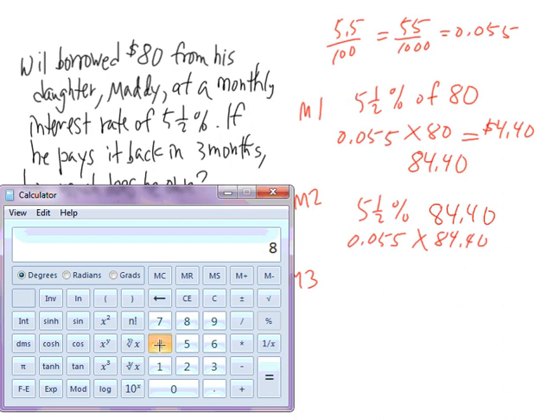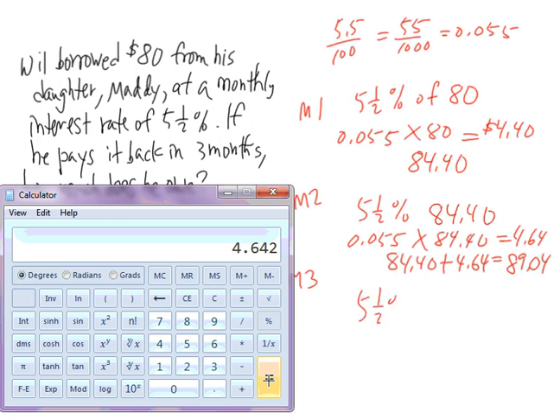So 5.5% of 84.40 equals $4.64 in month two. So add that on to the 84.40. And now after month two, I owe Maddie $89.04. But we're not done.